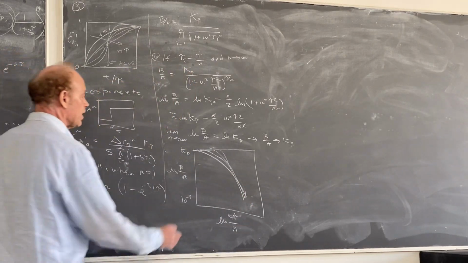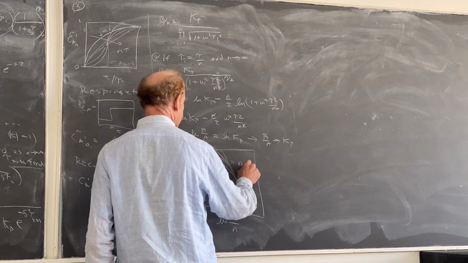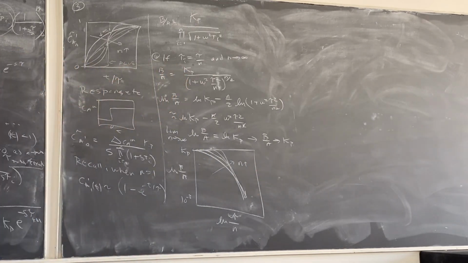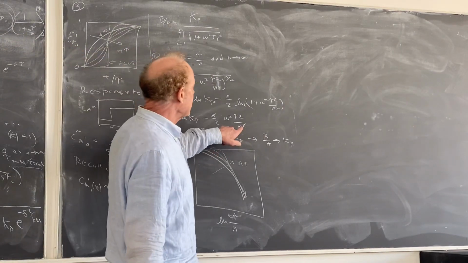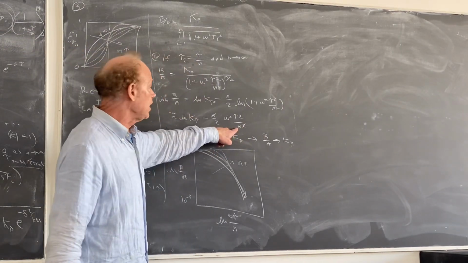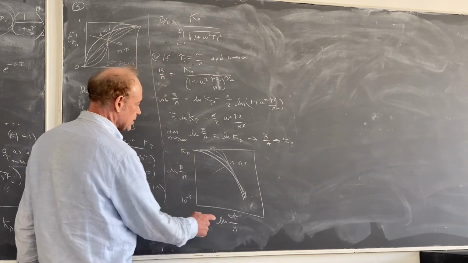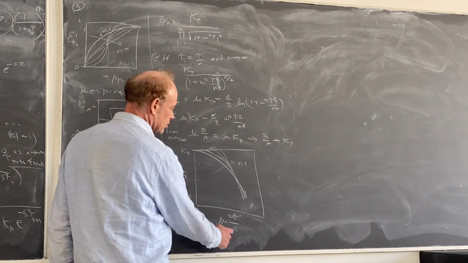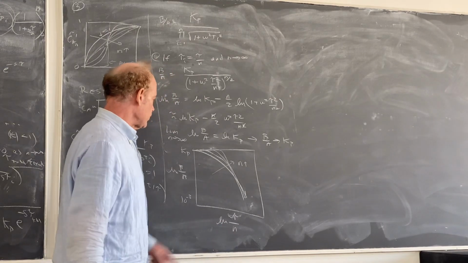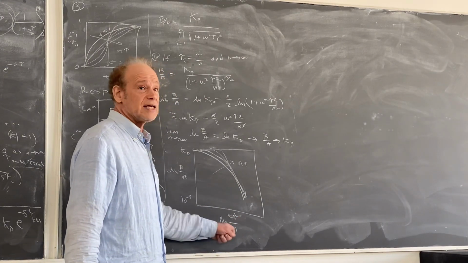And this is the situation, in this case, the curves are going to increasing n. And what you can see is that as n goes to infinity, the answer goes to Kp. Notice as n gets large, this thing gets smaller.